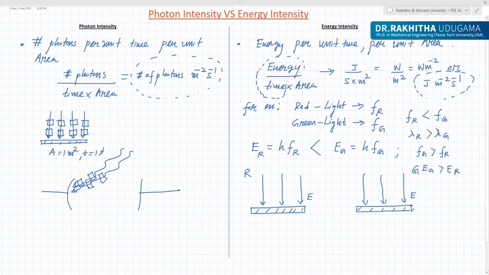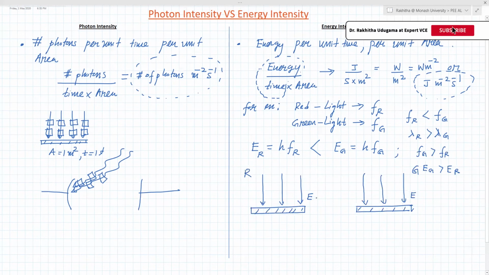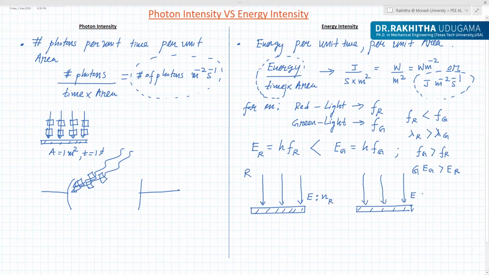So by looking at those figures and at the total intensities, we can conclude something about the number of red photons, N r, and the number of green photons, N g.